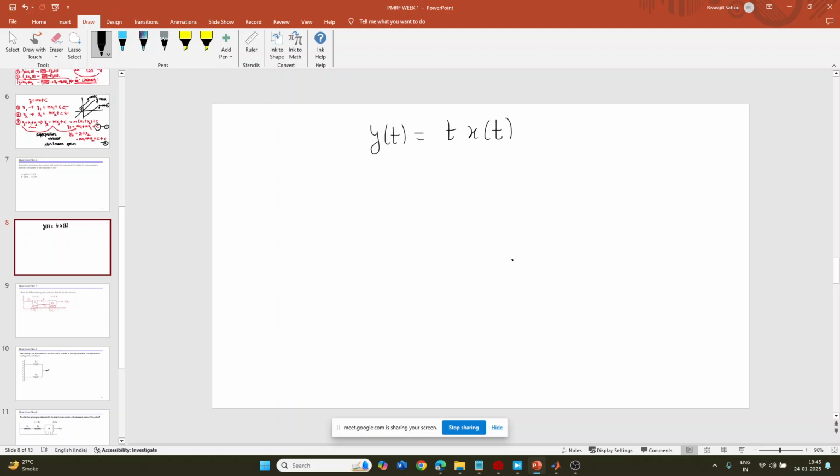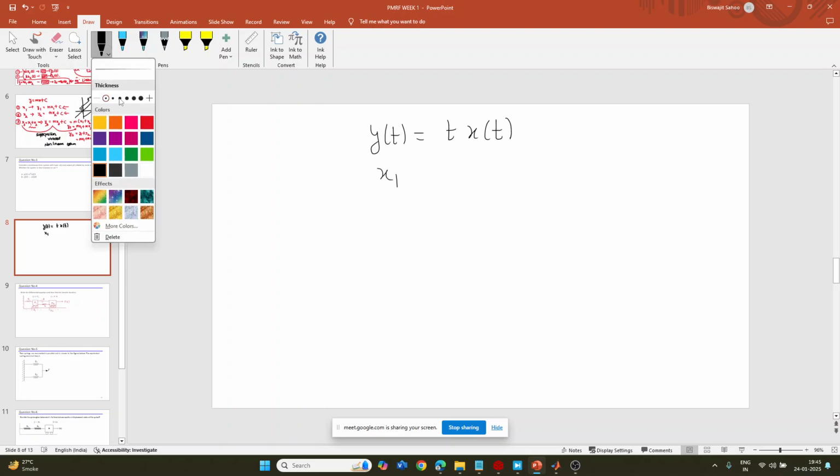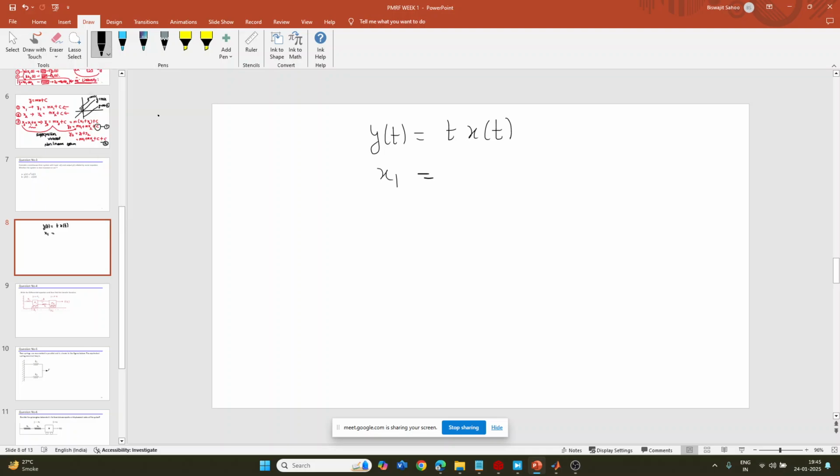y of t equals t x of t. Let me apply one input x1. Same way we have to proceed. We will not violate our principle. Let me increase the thickness of the pen. Whenever you apply the first input x1, you will get y1 equals t x1 of t.